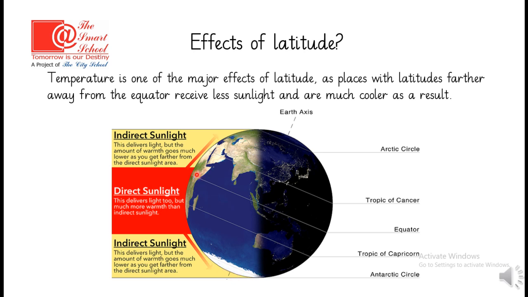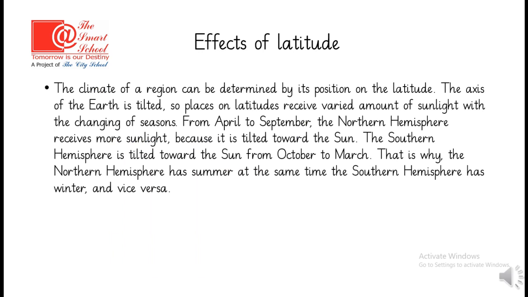So, places near the equator are hotter as compared to the places which are farther away from the equator. The climate of a region can be determined by its position on the latitude.